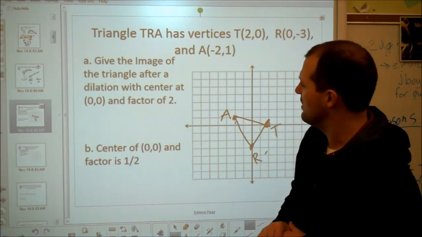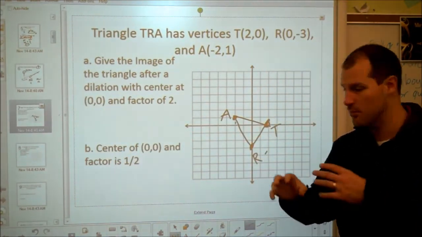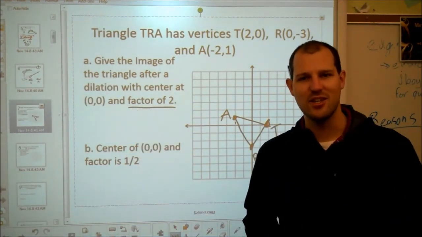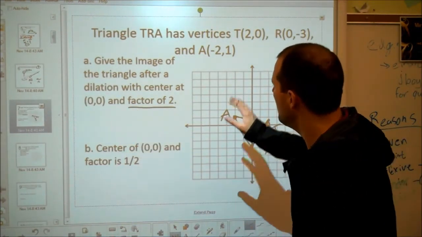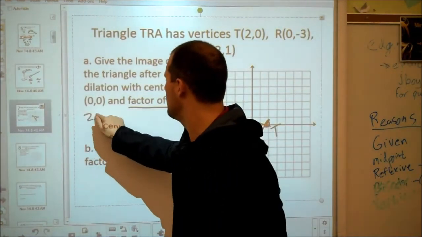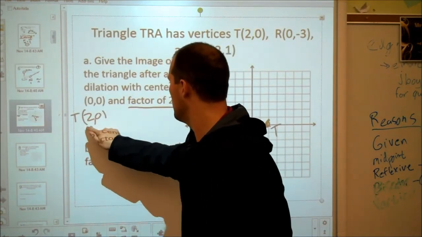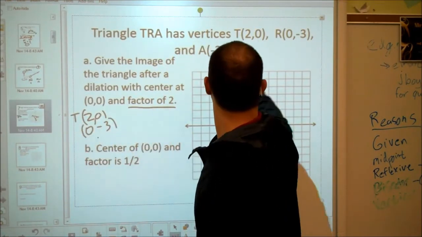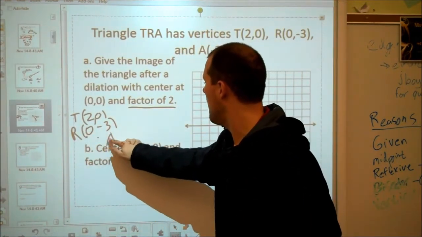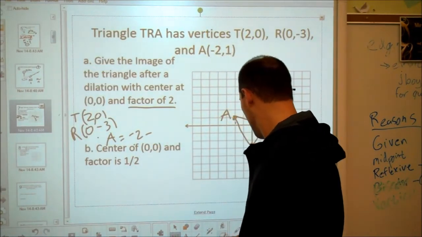after a dilation with center at (0, 0), the origin, the point that's not going to move, and a scale factor of 2. Now remember, dilation is just multiplication. So I'm going to take all these points. I had (2, 0), and that was T, (0, -3), and that was R, and A is (-2, 1).